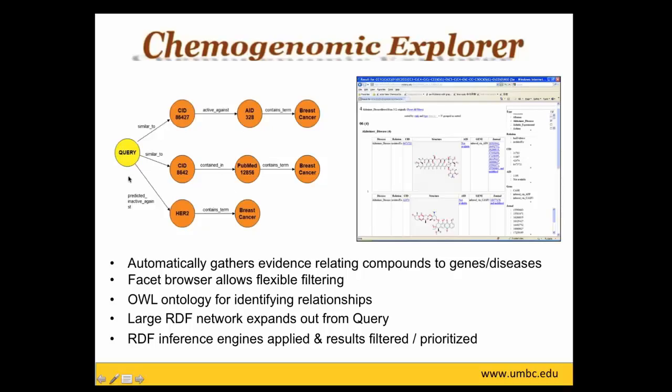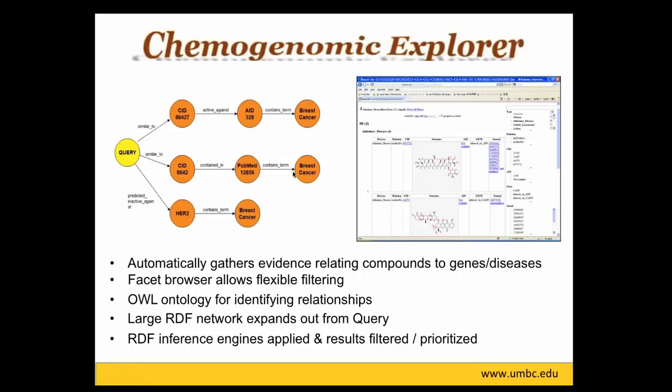And another one we see is this query compound is predicted inactive against the HER2 gene. So all of them point to breast cancer, and have an association with breast cancer. So we're wondering whether we can establish associations between the query and breast cancer through these indirect links, which are already present in the WENDI results.